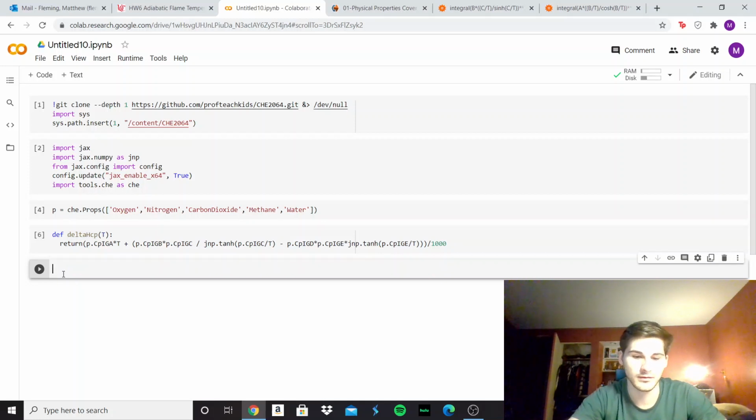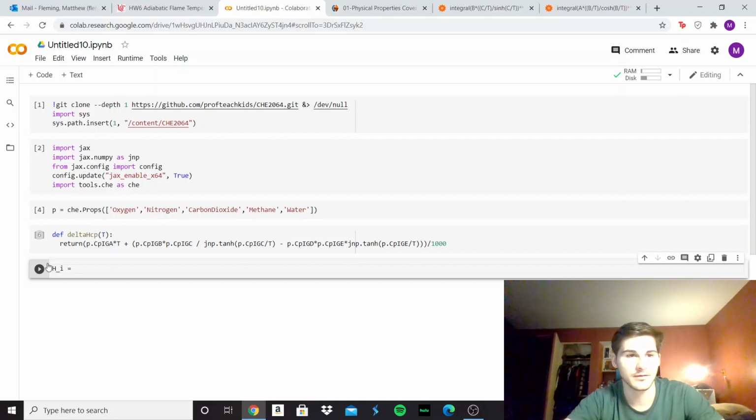And so we know that the enthalpy of a species I is equal to the enthalpy of formation plus this term at whatever temperature minus that function at 298.15 Kelvin. And so we just need to set an arbitrary temperature that we want to evaluate this at. We're just going to say 500 degrees Kelvin.